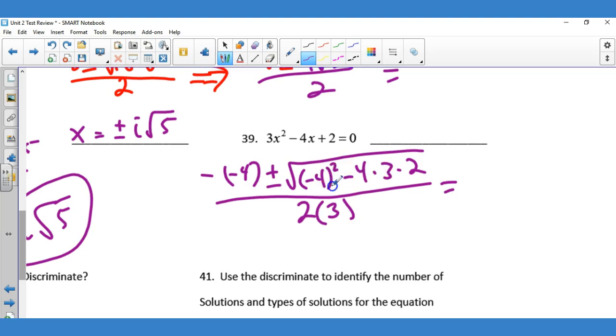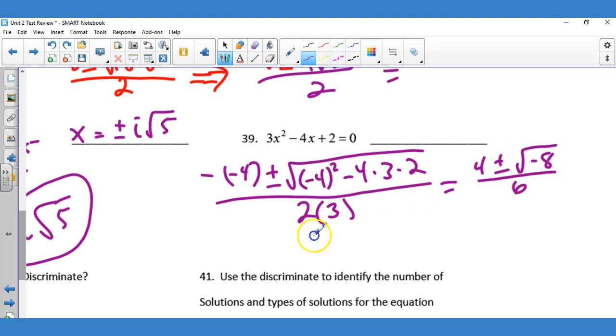Now, looking at just this portion right here. 16 minus 24. That's going to be negative. So we have 4 on the outside. That becomes 4 plus or minus the square root of -8 all over 6. Now, there's a perfect square in the factor of 8.